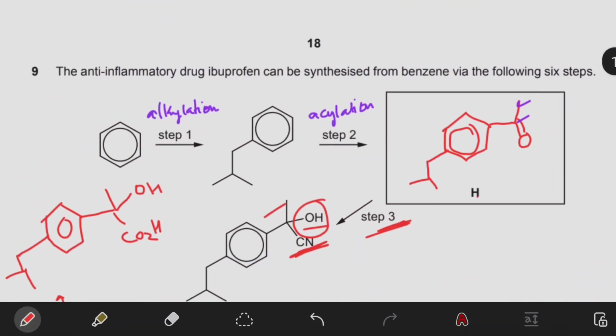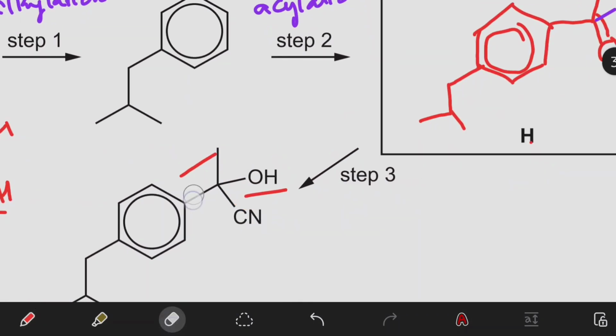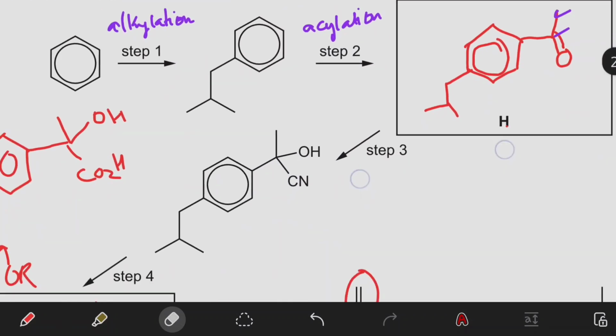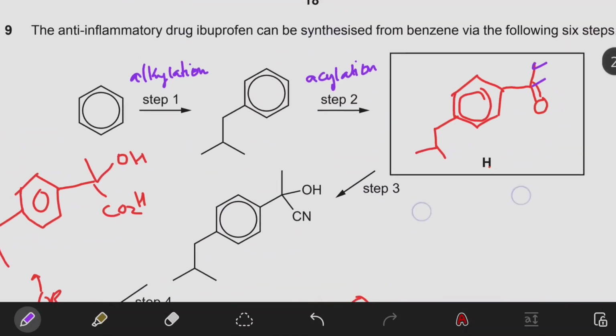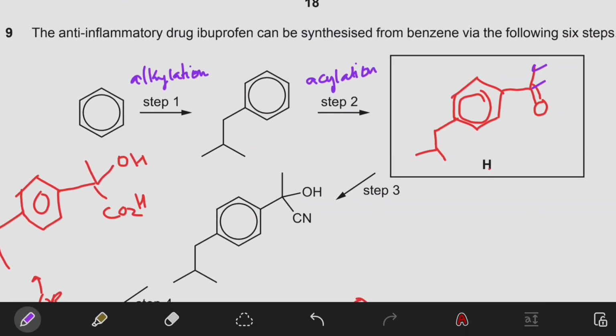Step 3. What is happening in step 3? As I explained earlier, definitely this is the nucleophilic addition of carbonyl. So what were the conditions?